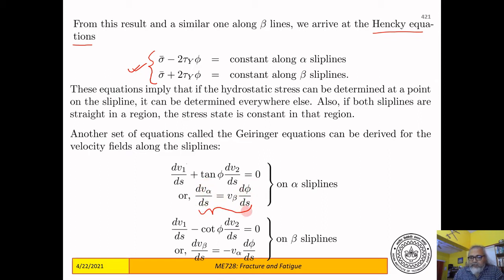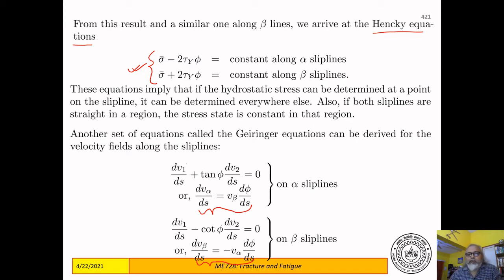So if you know the change in phi along the alpha slip lines, you can get the change in velocities. Similarly, along beta slip lines, if you know the change in phi, you get the velocities as well. But these Geiringer equations, we are not going to use. I am just mentioning them for the sake of completeness. We are not going to use them in interpreting slip line fields. It's just for your information.